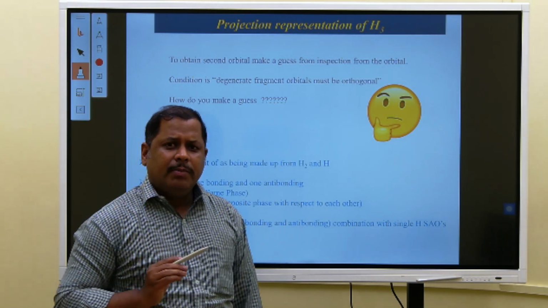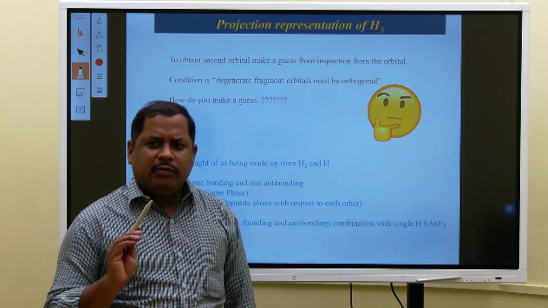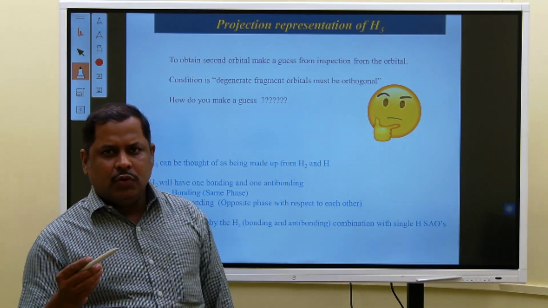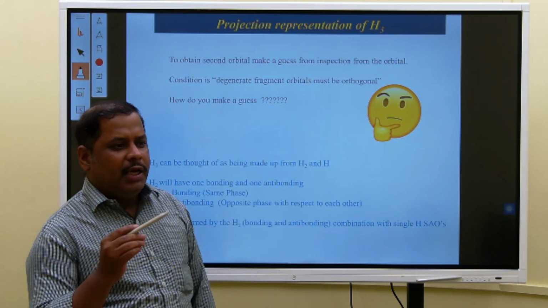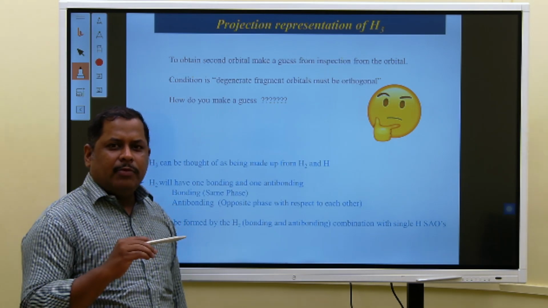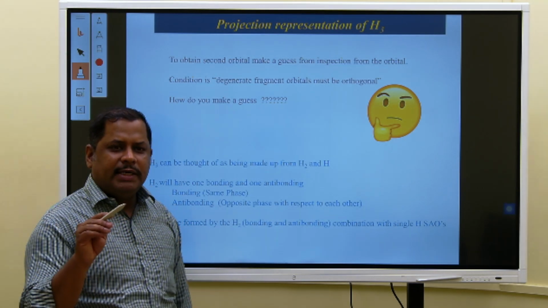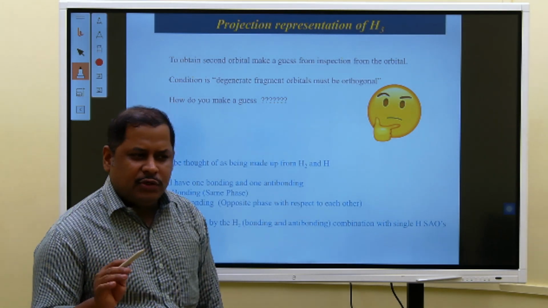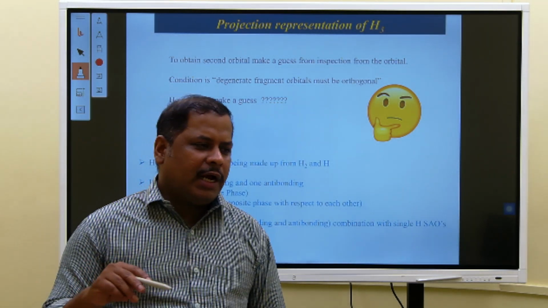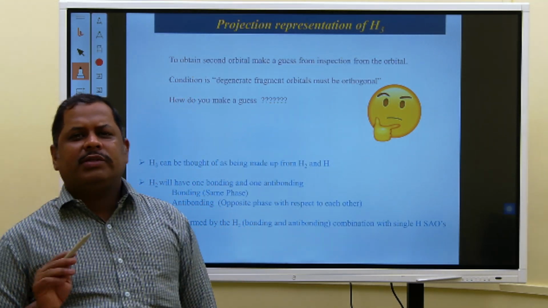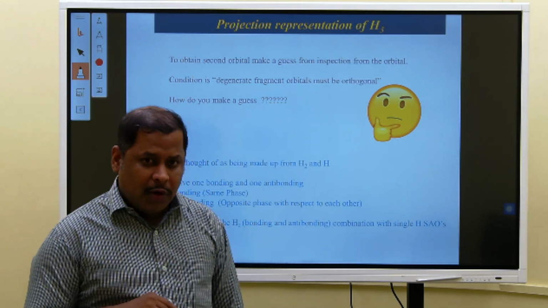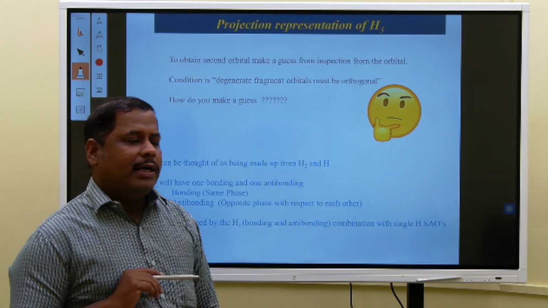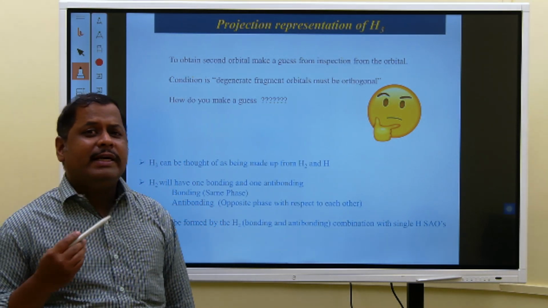In A1 prime, we came across that the equation will be S1 plus S2 plus S3. In E prime, we came to know that it is 2S1 minus S2 minus S3. So in short, two of the hydrogen orbitals have the same function, however the first one will be different.